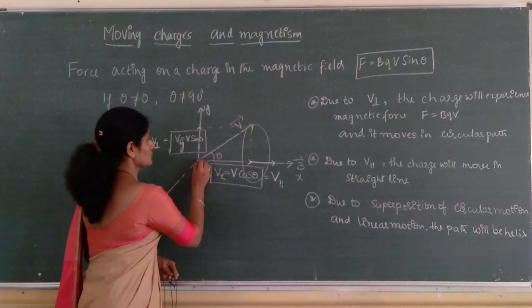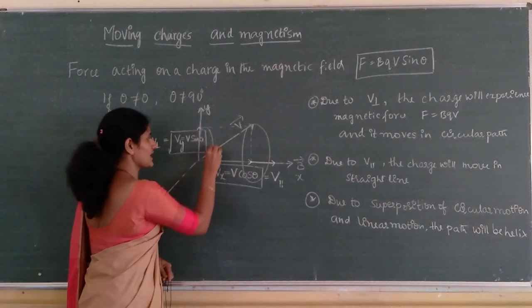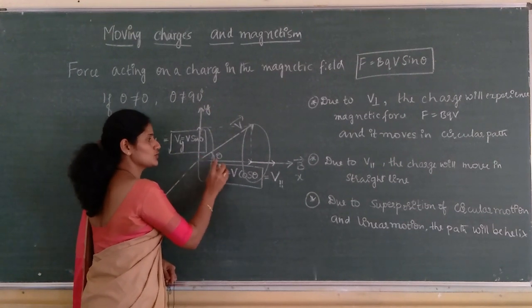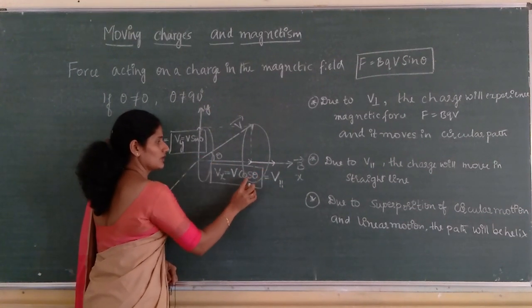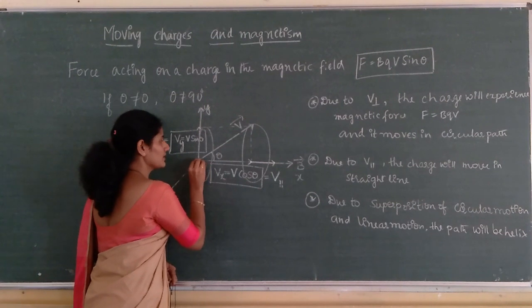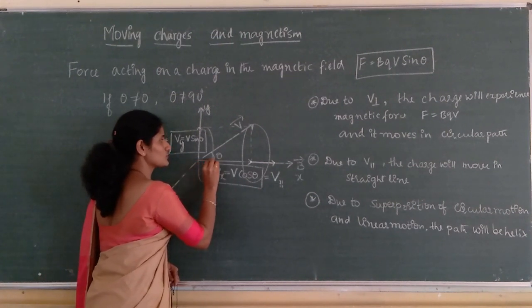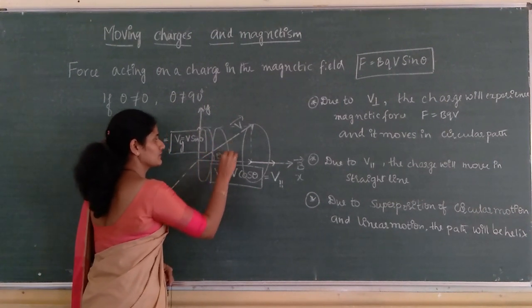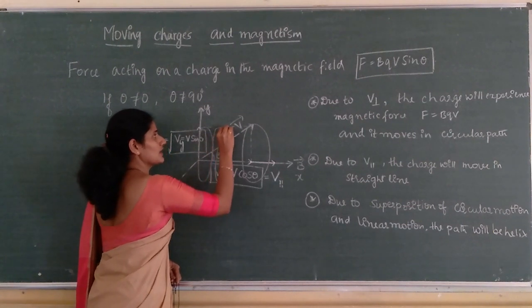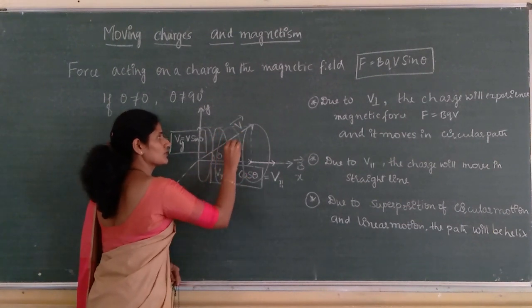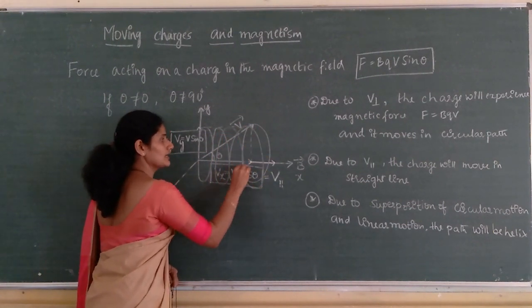So due to this component, it is having a circular path. Due to this parallel component, it will have linear motion. After that, again it will have circular motion and linear motion.